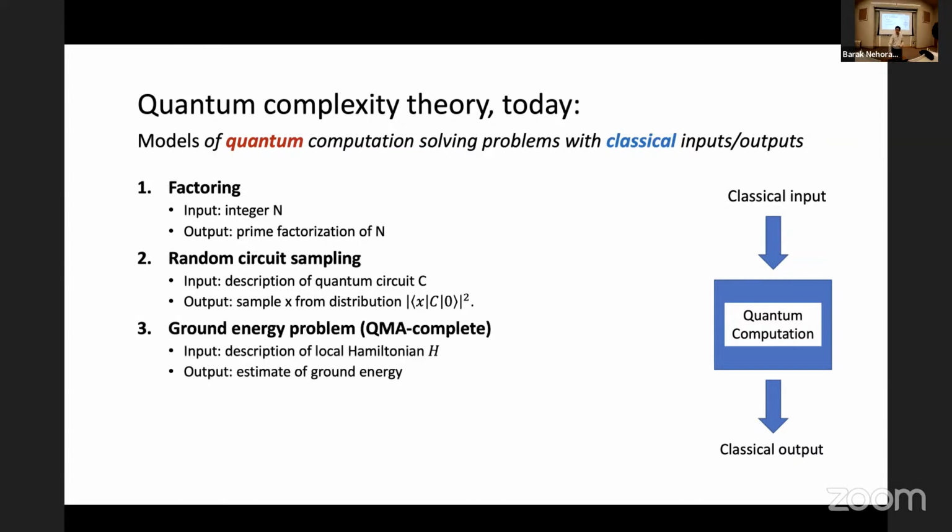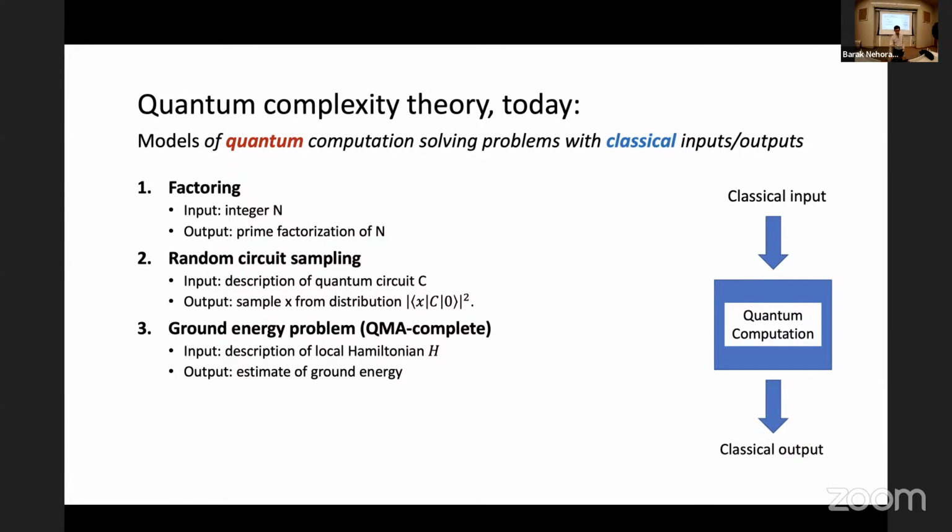Here's one that's motivated by quantum physics, the ground energy problem. You're given as input a description of a local Hamiltonian H. You can think of a local Hamiltonian as a description of a physical system. And the output is an estimate of the minimum energy of this Hamiltonian, which is just a number.